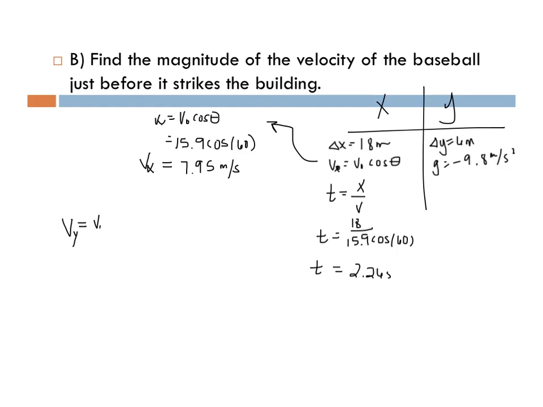So we know v naught sine theta is our v naught y plus negative 9.8, and now we know time, so that's 2.26 seconds. So our velocity in the y direction is negative 8.4 meters per second. And that makes sense that our object has a negative velocity in the y direction. So we know that it's falling at that point.